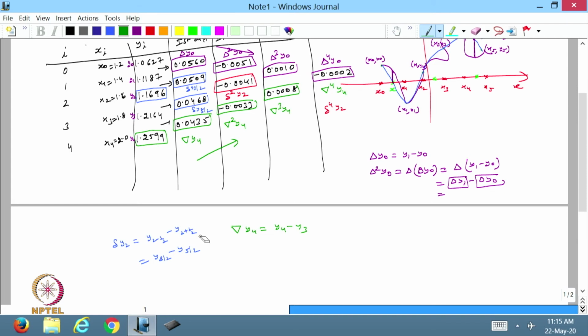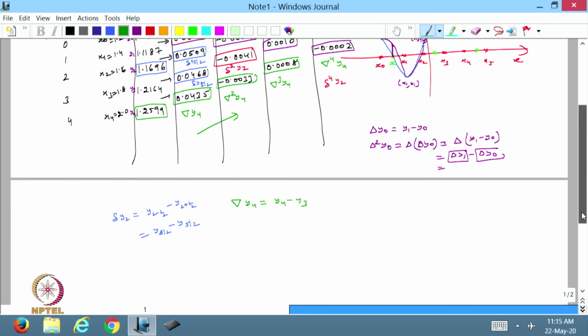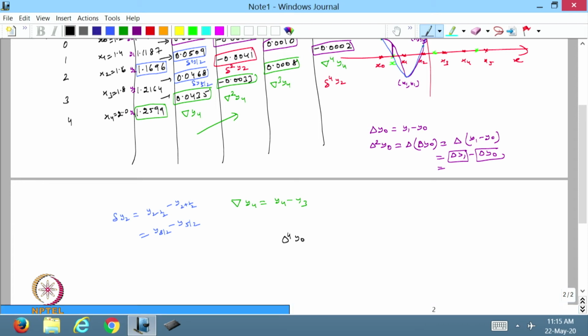So, first order difference, second order, third order and fourth order. So, based on this, the fourth order difference y naught is equal to fourth order difference y4, and it is equal to delta 4 y2. So, all values are equal to minus 0.0002.